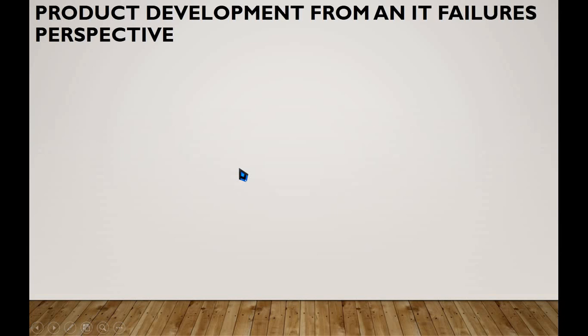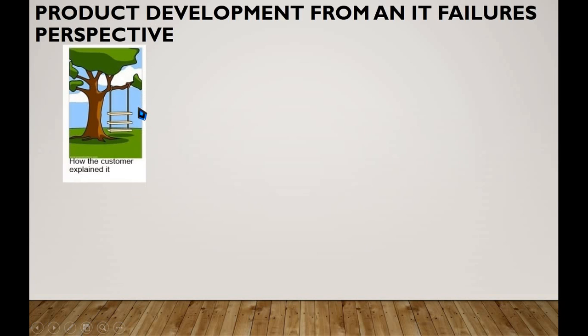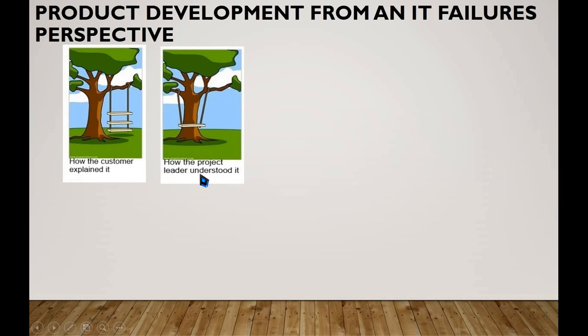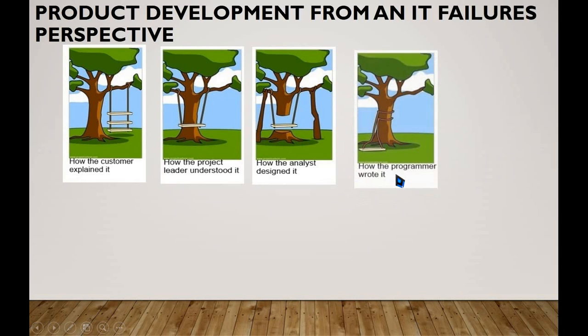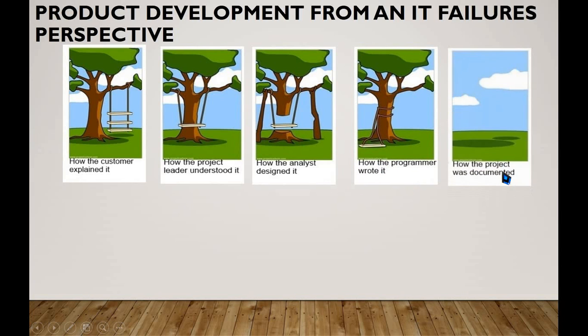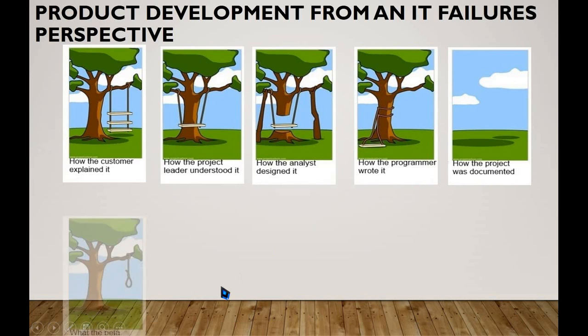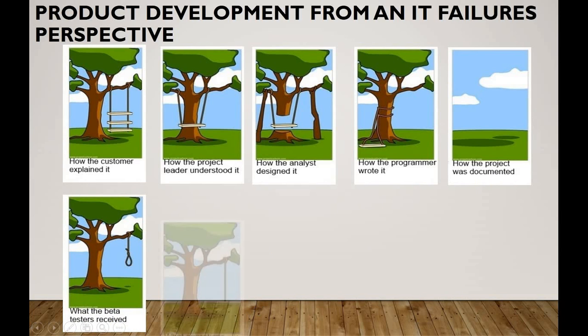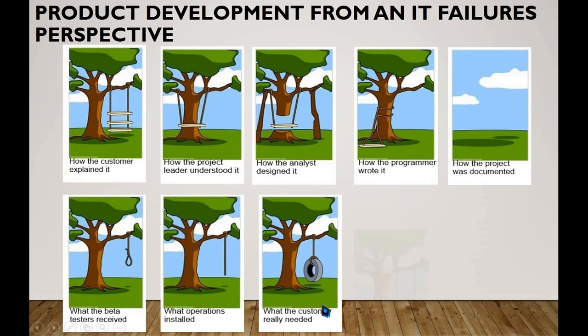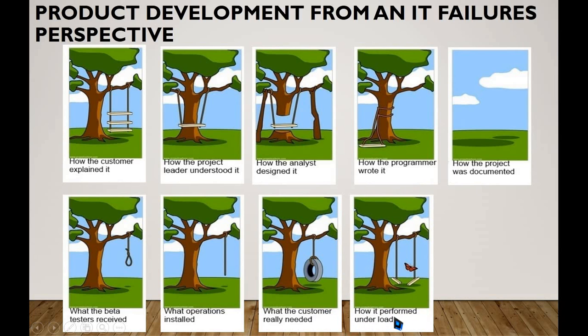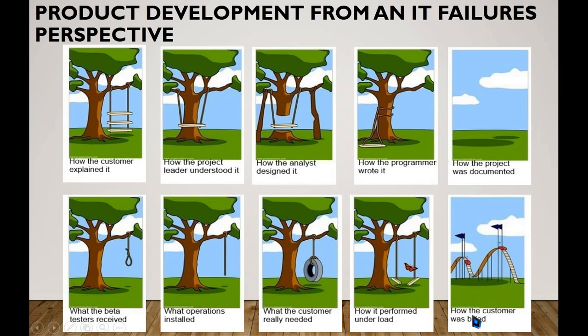Now let's learn product development from an IT failure perspective. This is an example of how the customer explained it to the developer team, how the product leader understood it, how the analyst designed it, how the programmer wrote it, how the project was documented, what the beta tester received, what operation installed, what the customer really needed, how it performed under load, and how the customer was billed.